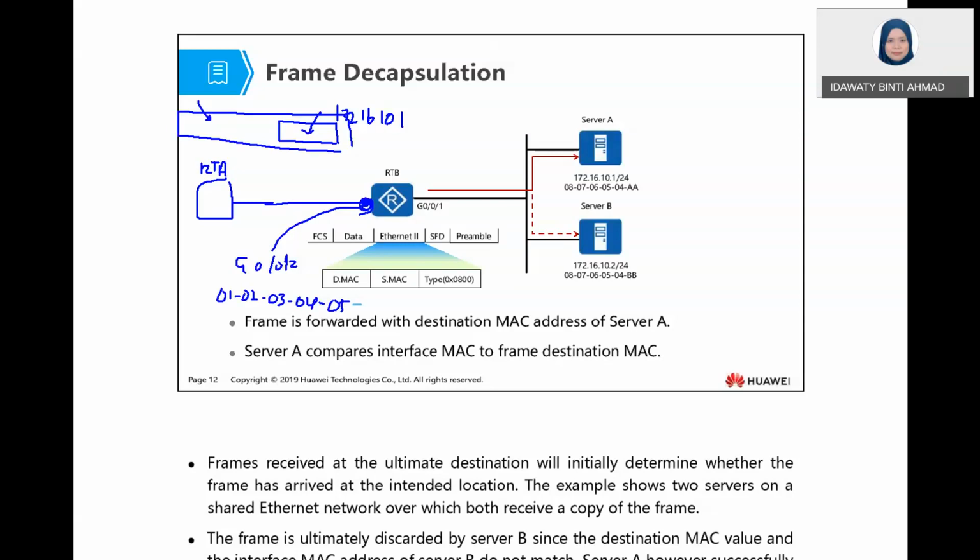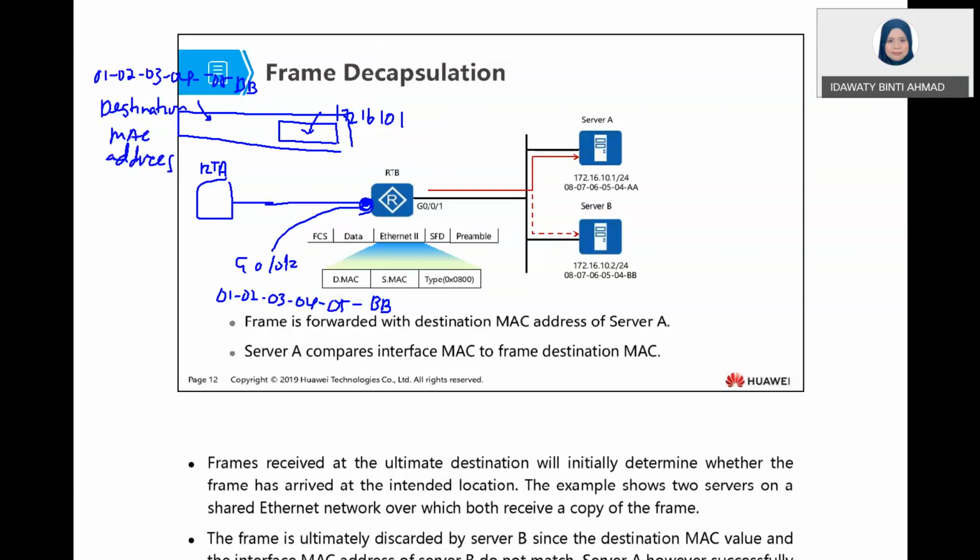So when RTA formed a frame, the destination MAC address of the frame is 01, 02, 03, 04, 05, BB, the assumption that we made in the previous scenario.